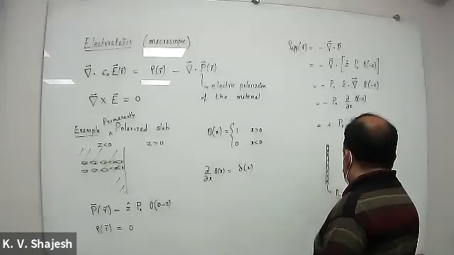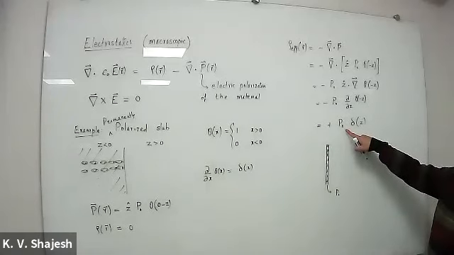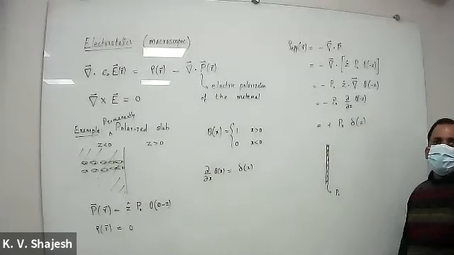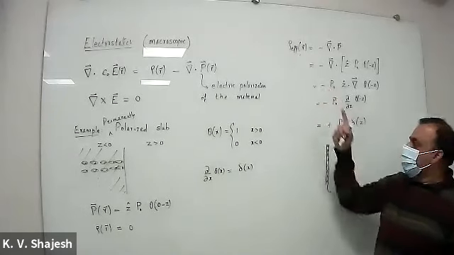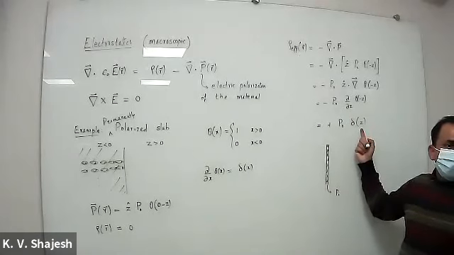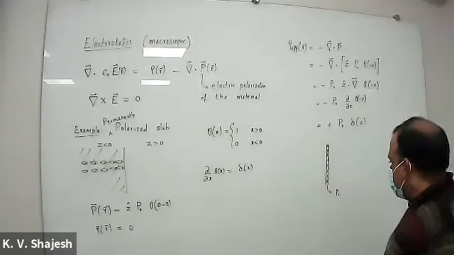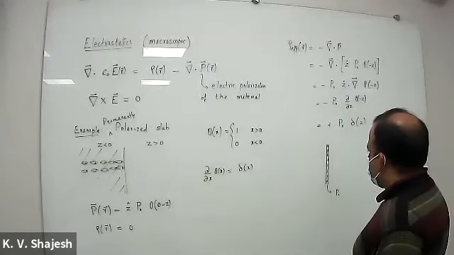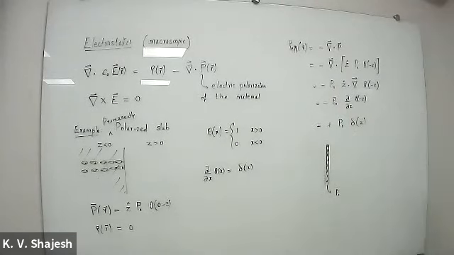This is P naught. And it's clear what the units of P naught will be now? Charge per unit area, because this has to be charge per unit volume, and the delta function is 1 over length. So P naught should have those units. And this is a problem that we can do independently.